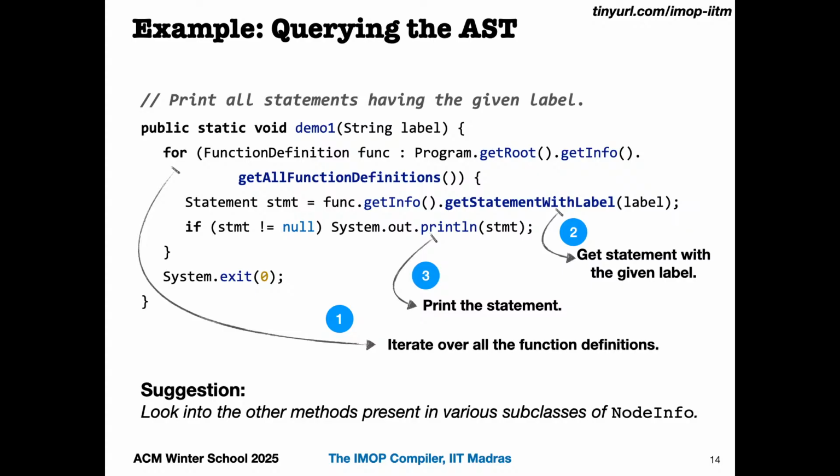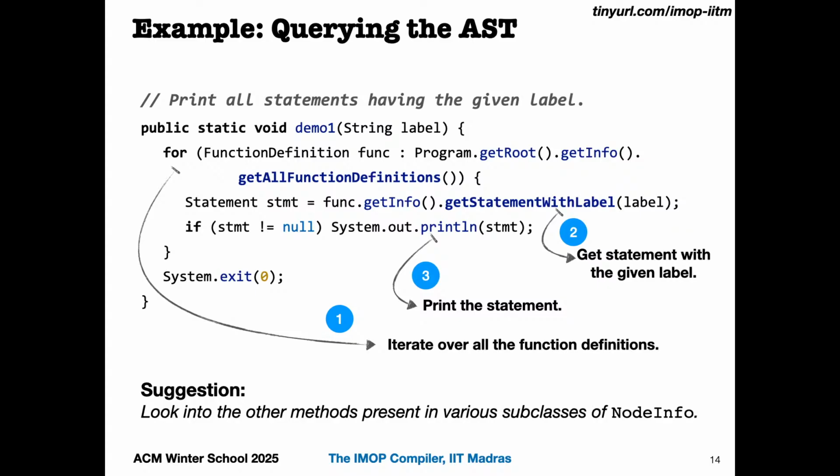Pay attention to the following. I am getting in, by this for loop. This way of writing is something C++ allows, Java allows it. It says func is of type function definition, and when I write func colon this, it means the right side is giving me a list. Func will iterate over that list.